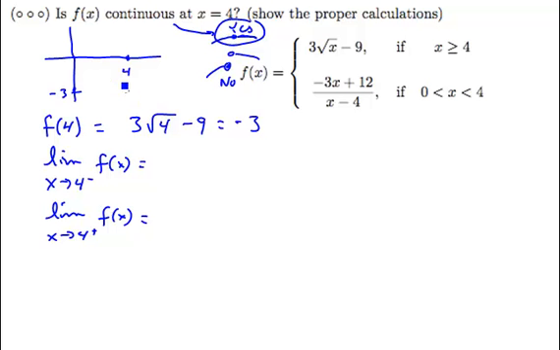All right. So the left limit as x approaches 4 is asking, will the function hook up to this? And if I'm on the left side of 4, x is less than 4, so I'm following minus 3x plus 12 over x minus 4.